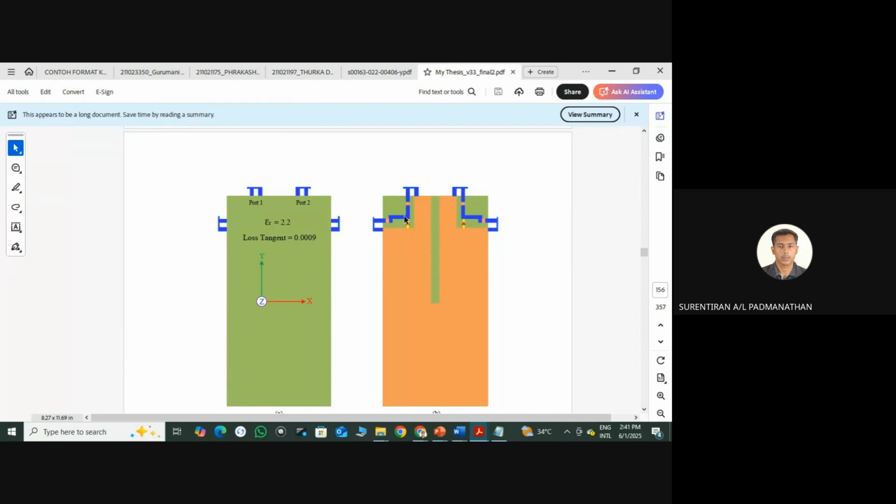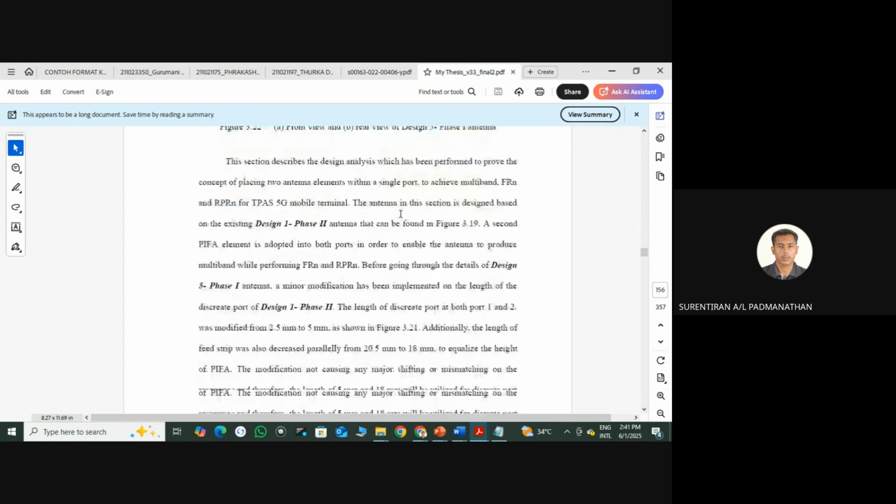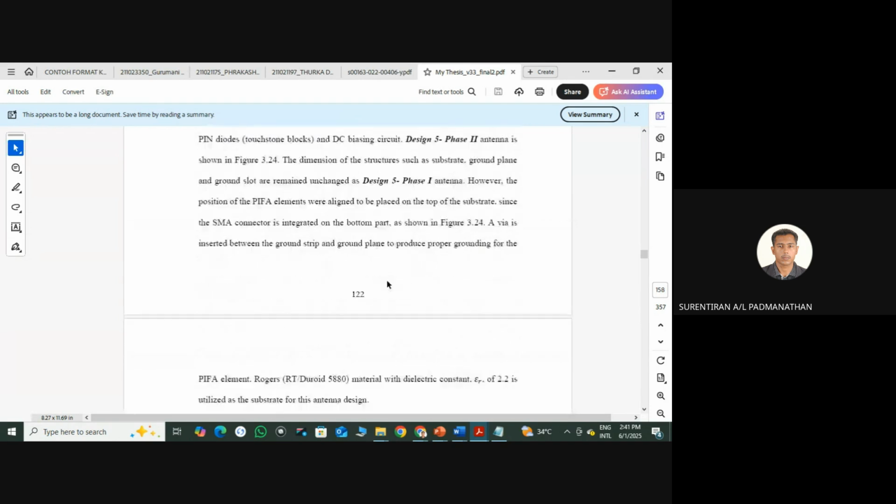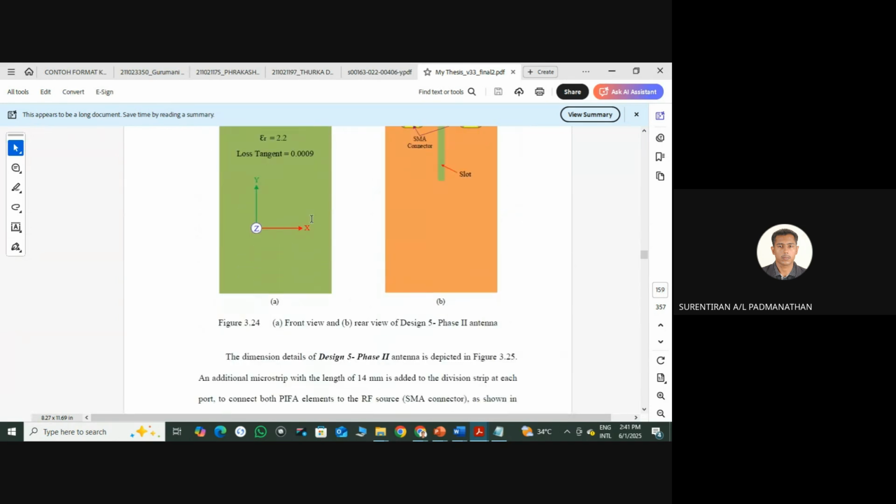But when we include the second antenna, there is some splitting here, so the formula has to be modified, because the current is splitting right here. So all these things have to be included and calculated.